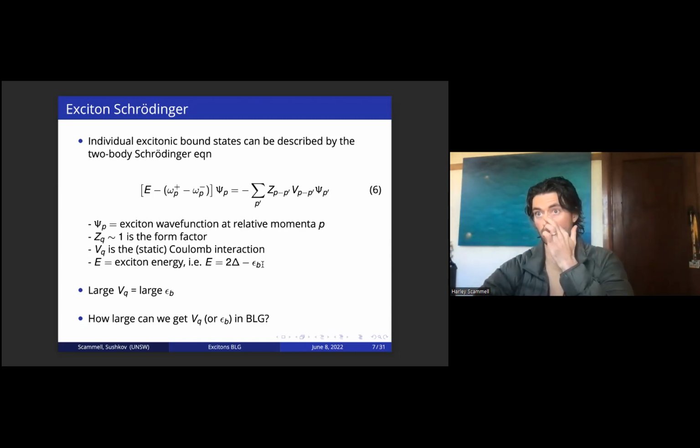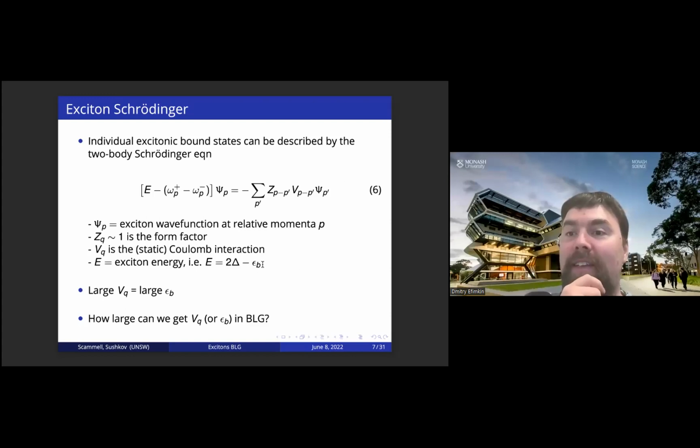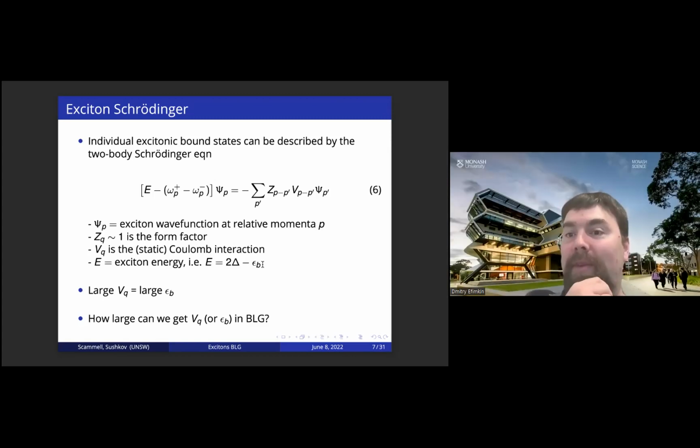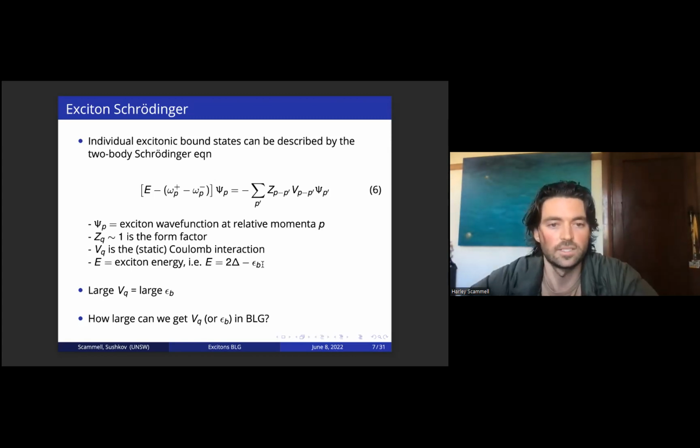Could I ask a question? Yes, please. As I recall, when the displacement field is quite large, you could have some kind of Mexican hat dispersion. Indeed, yeah. An enhanced density of states. Would it be more favorable from the point of view of excitons? In terms of density, actually, it's a little bit of a tricky question, because you enhance density of states.